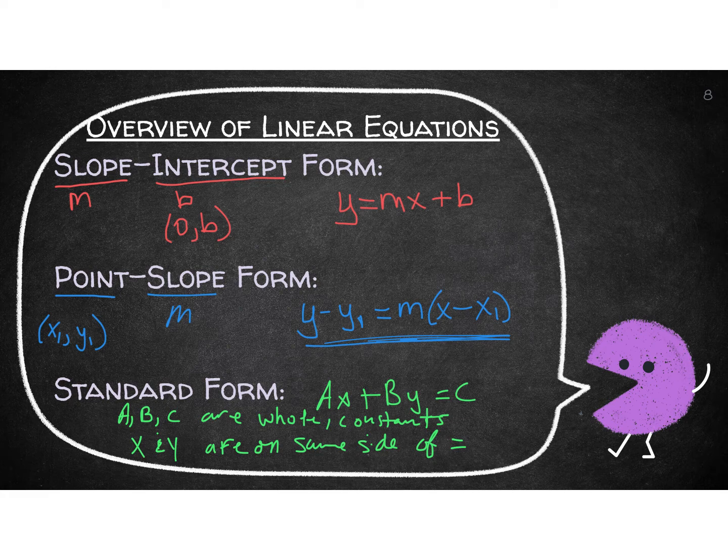And that's what standard form looks like. As long as they're whole numbers, no fractions, and they're on the same side of the equal sign. They could be negative. That is allowed.